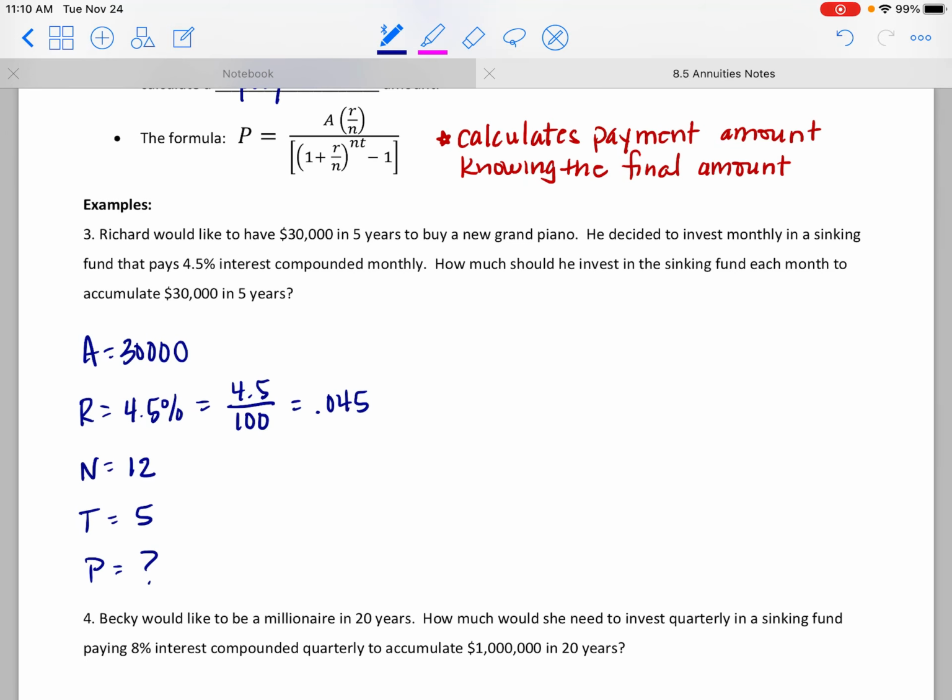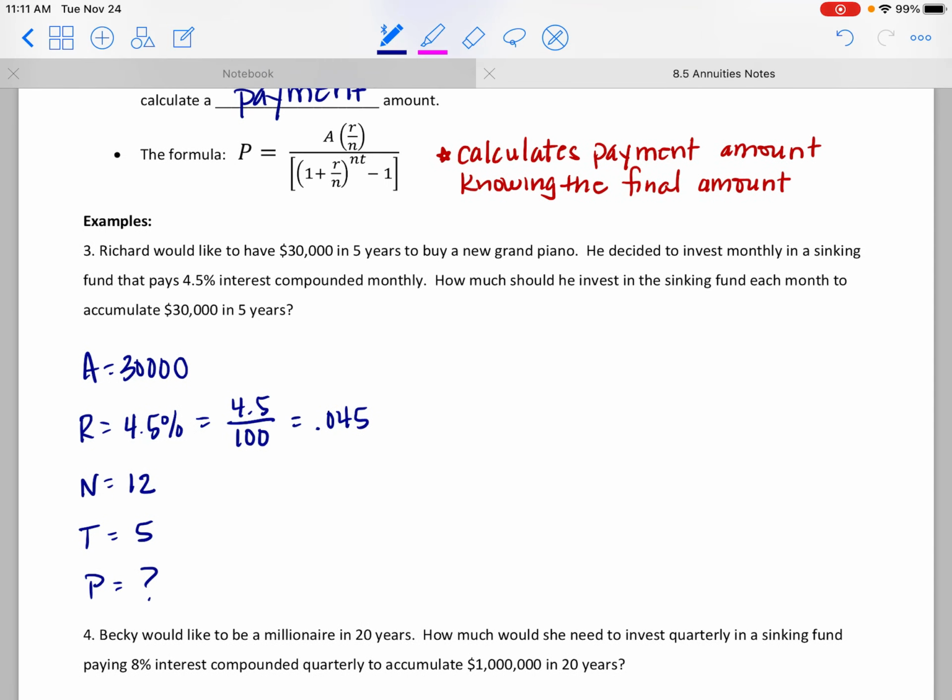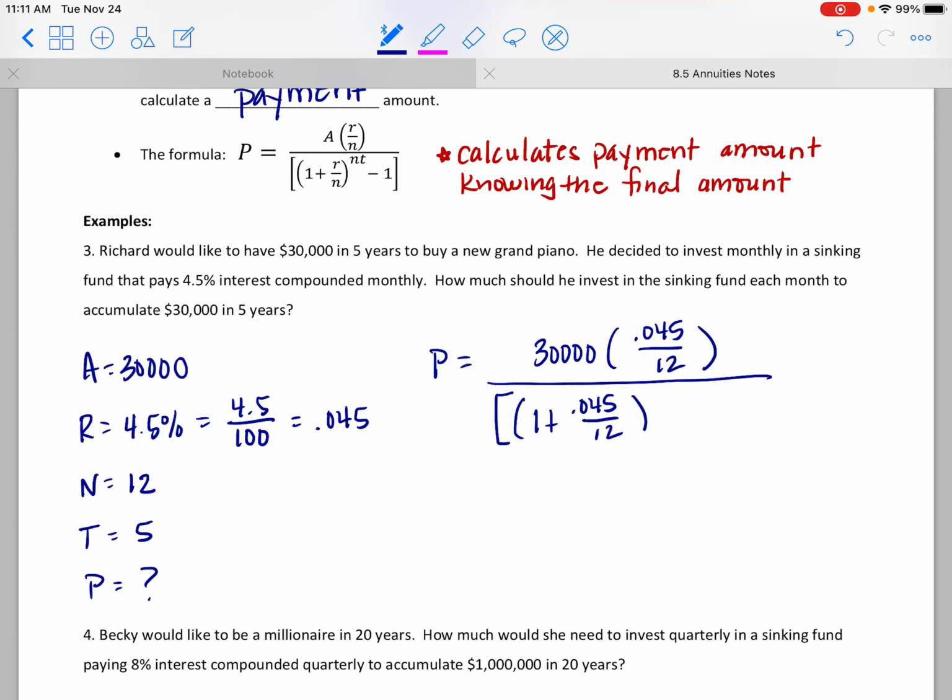So P, this time, is going to equal 30,000 times R over N, so 0.045 over 12, and that will be divided by the bracket, which is the same thing as a parenthesis, 1 plus R over N raised to the NT power, so 12 times 5 there, minus 1, and then close that off.